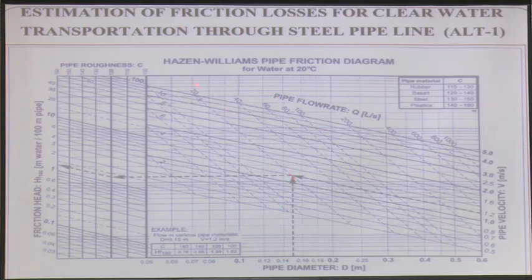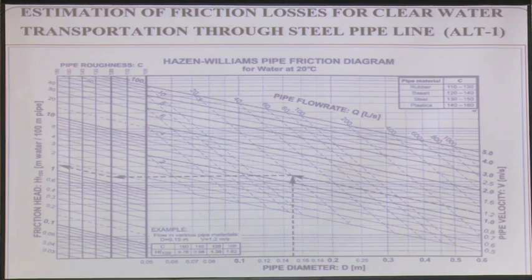These are the pipe flow rates. So, you select the pipe flow rate where it is coming. Okay. Then go there, touch the pipe roughness and go there as a friction head. Okay. And here is the C, pipe roughness C.